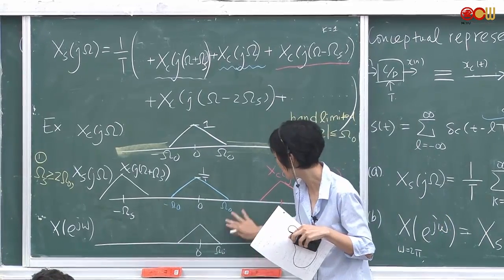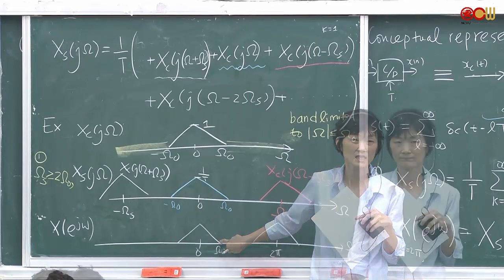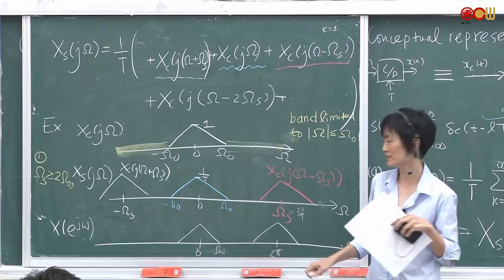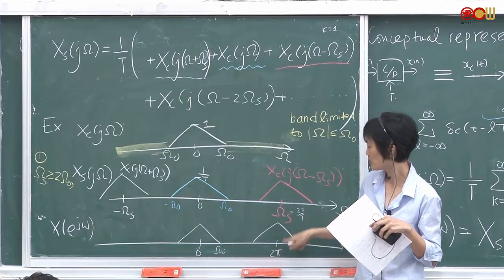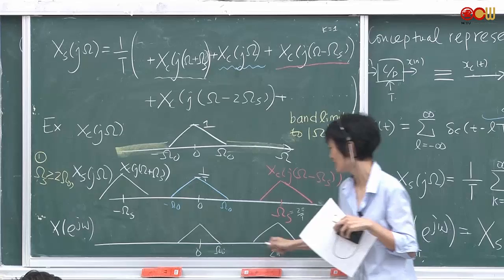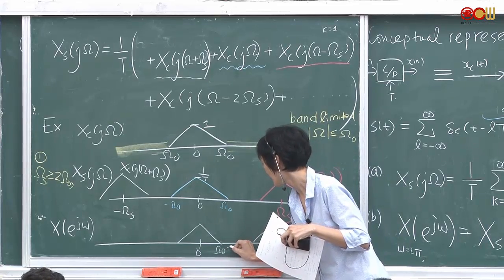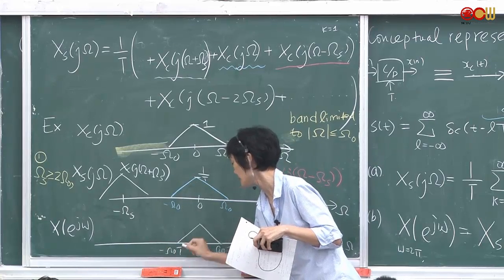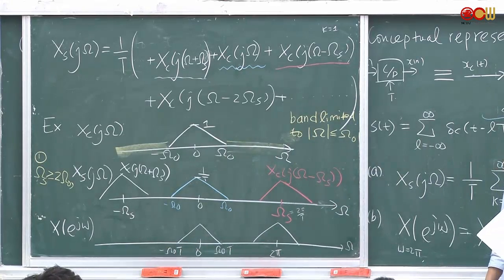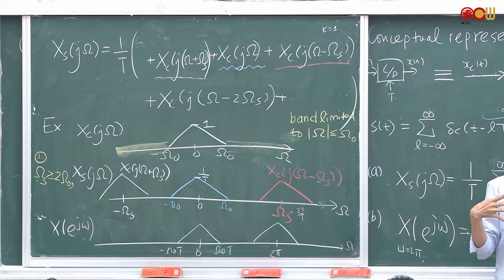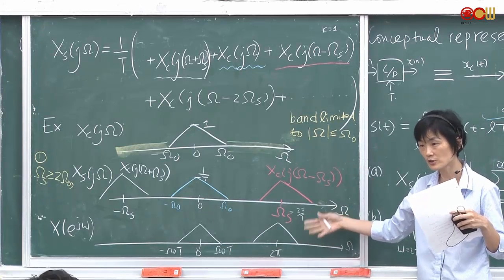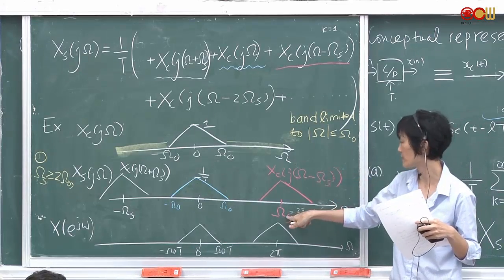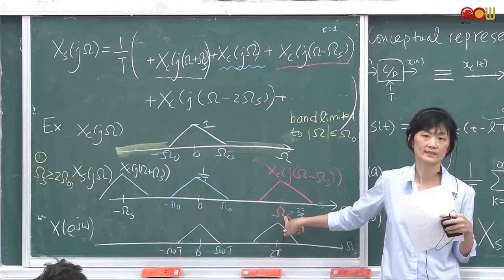I'm sorry, this is omega 0, and what would be this point? Oh well, this is 2 pi over T, so it should be a multiplication of T. So this is omega 0 times T, and this is minus omega 0 times T, all right? So now it all fits together. X(e^j omega) is periodic with 2 pi, and indeed this Xs is periodic with the period omega s.